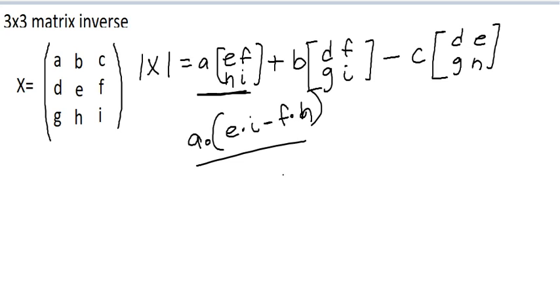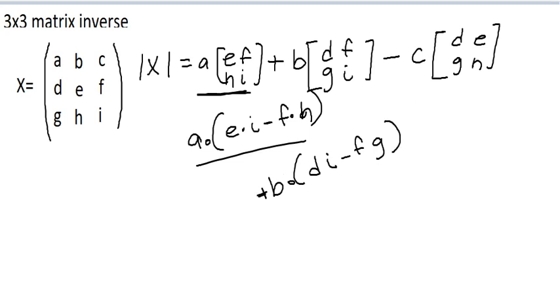Let me just show you the rest. So for this, it's B into D into I minus F into G. And let's go for this as well.